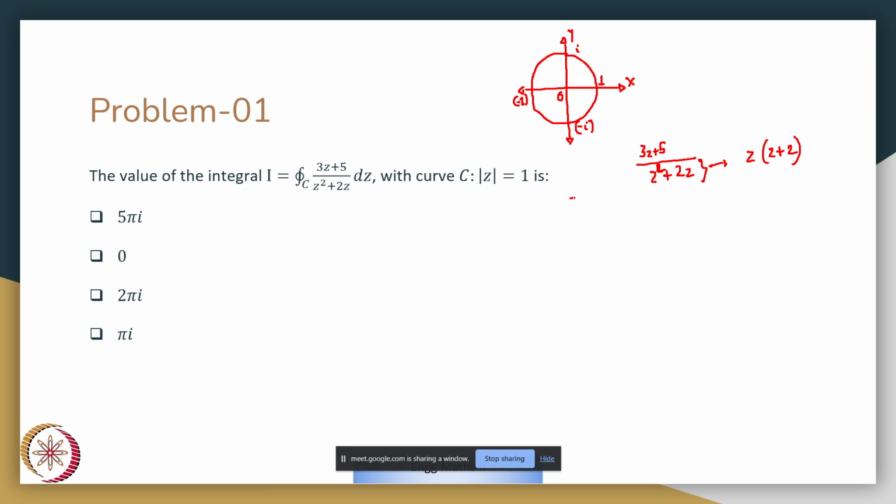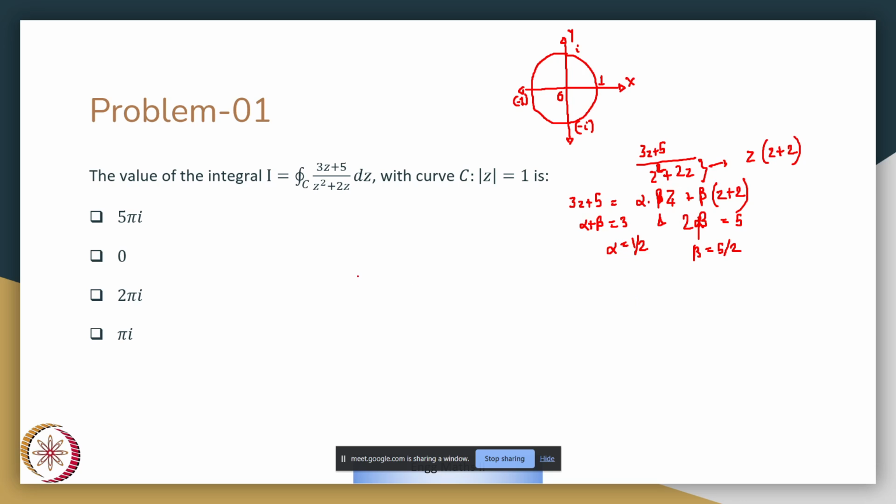So the numerator 3z plus 5 must be expressed as a linear sum of factors of the denominator, which is alpha times z plus beta times (z plus 2). We can see that alpha plus beta should be equal to 3 and 2 beta should be equal to 5, which gives us beta equal to 5 by 2 and alpha equal to 1 by 2.